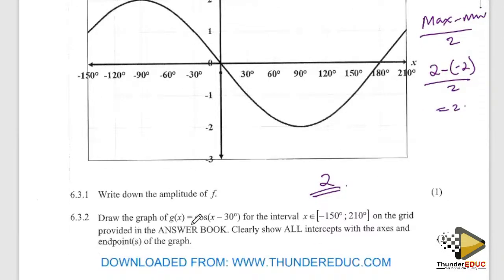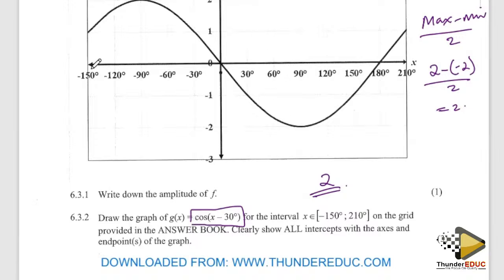Then they want us to draw the graph of cos x minus 30. Okay, so with our calculators, remember it's mode. Then we go to the table, and then we have the cos x minus 30, close the brackets. We don't have a g, we're starting from negative 150.